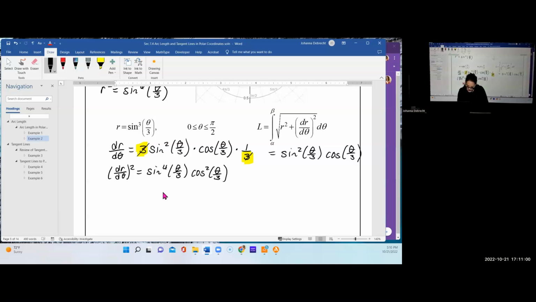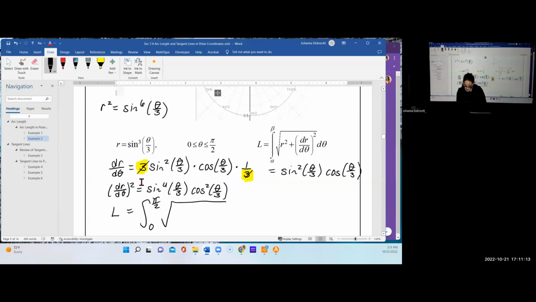We have the arc length equal to the integral from theta equals 0 to theta equals pi over 2 of the square root of r squared, which we said was sine to the 6th of theta over 3, plus dr d theta quantity squared, which we said was sine to the 4th of theta over 3 cosine squared of theta over 3, all underneath the radical, and integrate with respect to theta.